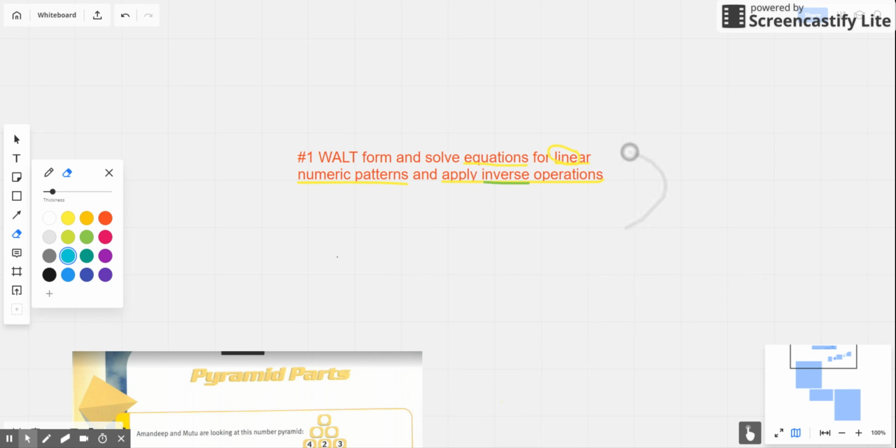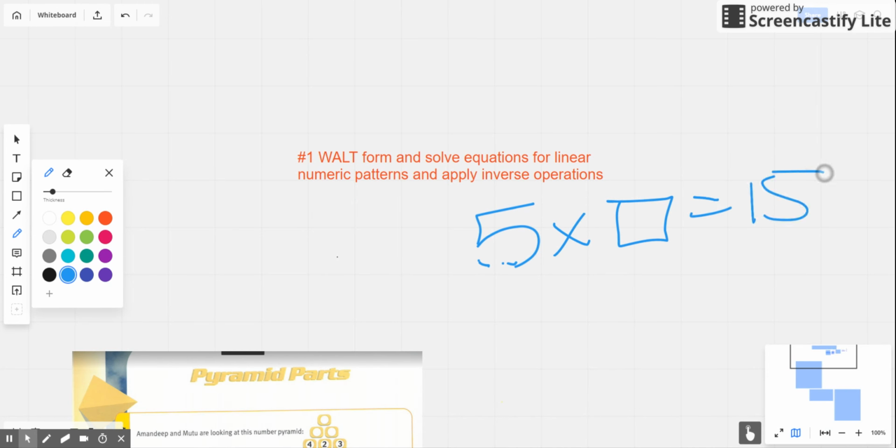And the next thing I want us to look at is algebra in general. So you have known algebra for a long time now, and you may not have known that that's what it was. So if we look at this equation again, 5 times something equals 15, this is what you would start with in algebra. There's a missing number and you're trying to find it.